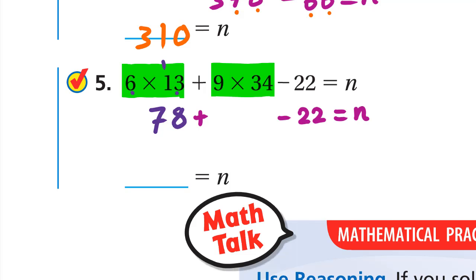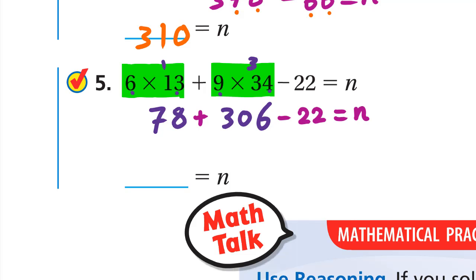Now 9 times 34, 9 times 4 is 36, so I can write 6 and carry up 3. And now 9 times 3 is 27, 27 plus 3 is 30. So now 78 plus 306 minus 22 equals n.